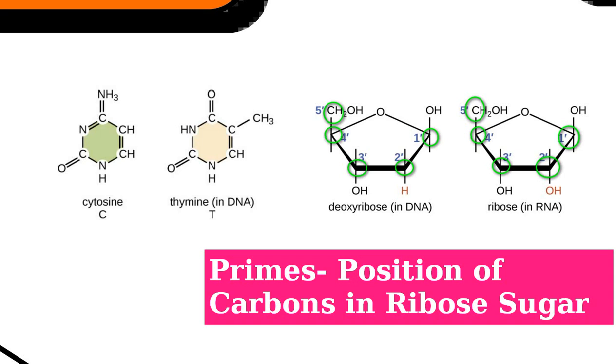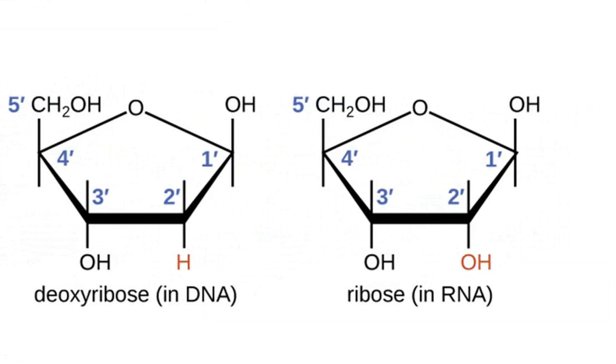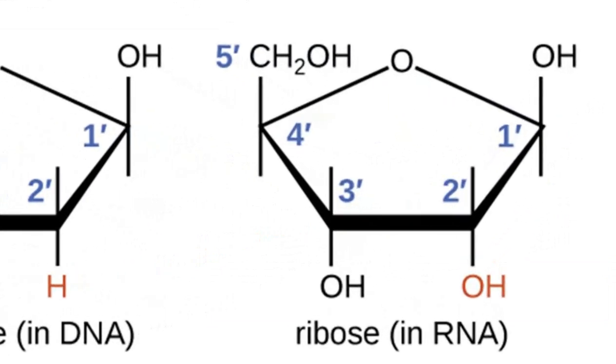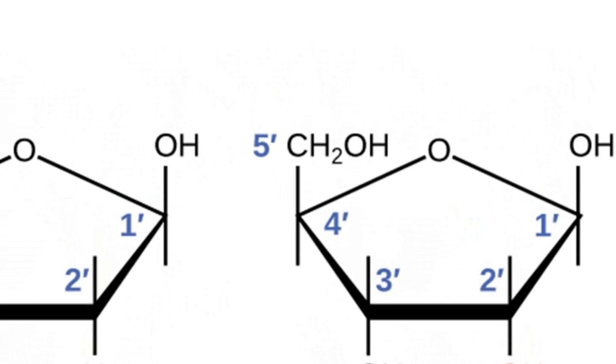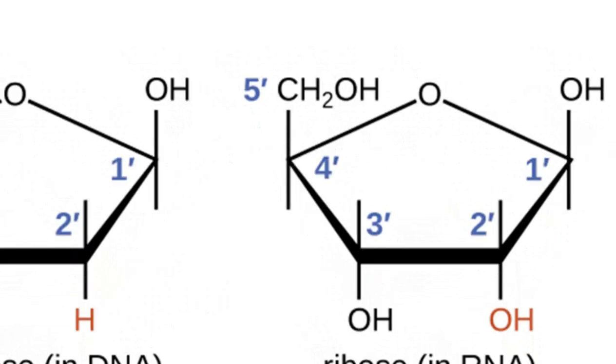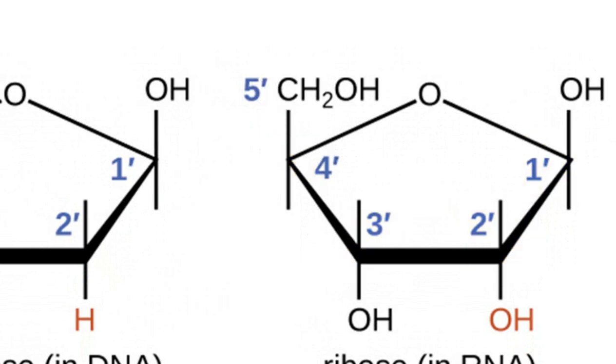That means the first prime indicates the carbon present in the first position in the pentose sugar, the second prime indicates the second carbon, and in the same way the third prime, fourth prime, and fifth prime denote the carbons present in the sugar unit. One more interesting feature is that in the pentose sugar, four carbons are present within the ring and one carbon is present outside the ring.